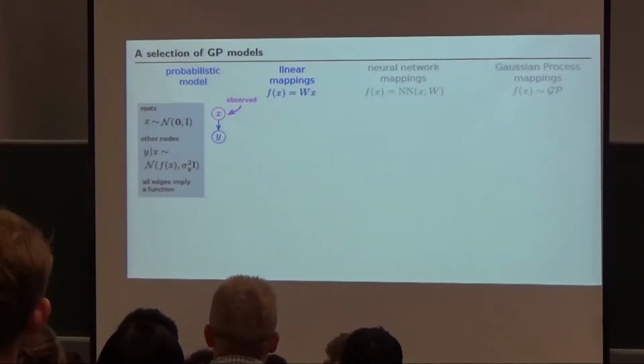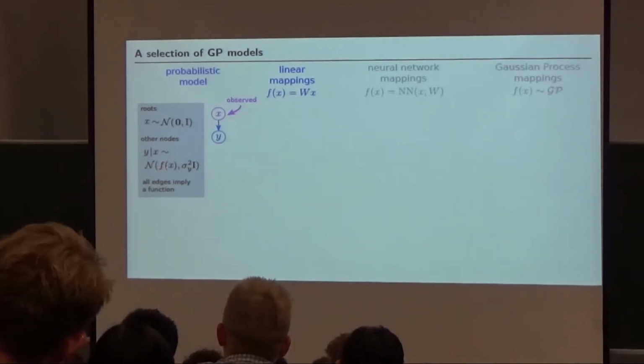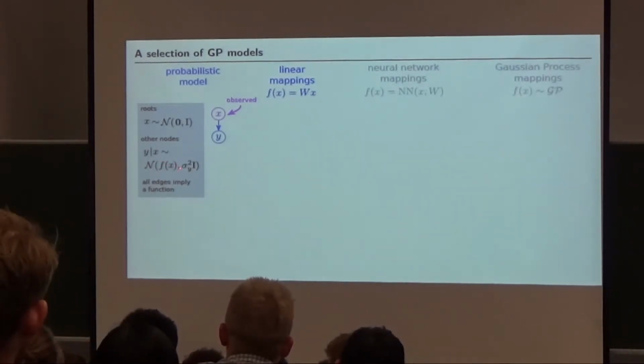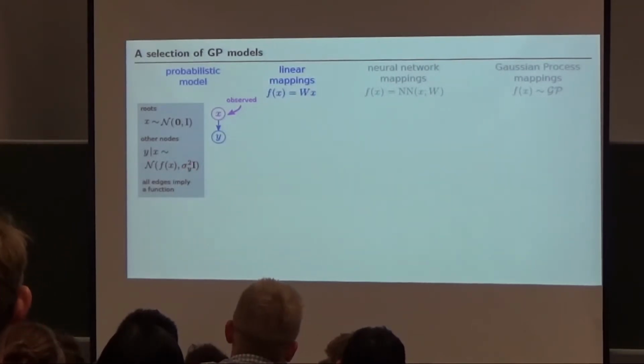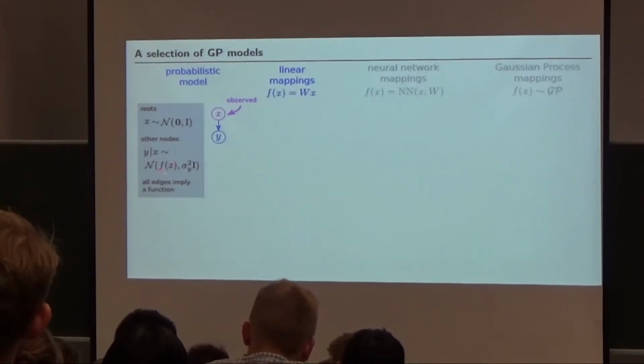And then all the other nodes will be drawn conditioned on their parents according to a Gaussian distribution where the function is f of x and the noise is independent on each one of the dimensions. So in this sense it says draw x from a Gaussian distribution and then draw y conditioned on x from a Gaussian distribution which is f of x and then some noise in here.